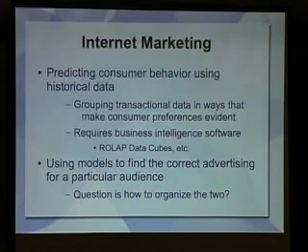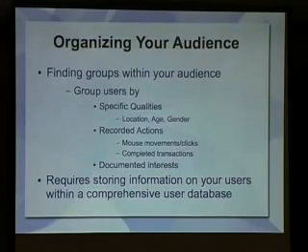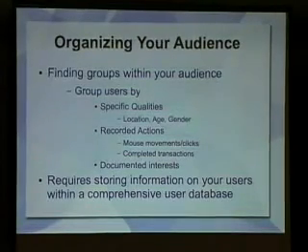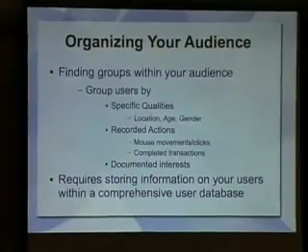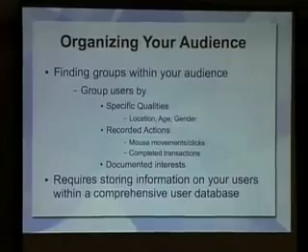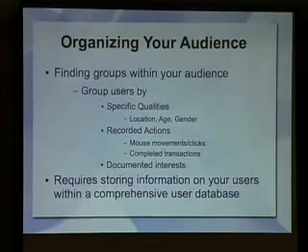So I mean, especially in this context, you have a particular audience, and it's understanding what that audience is and what they want to see based on performance you've seen. So the first place to start, of course, is organizing your audience. Ways I've seen it done is just by specific qualities, like where they live, how old they are, gender, things like that.